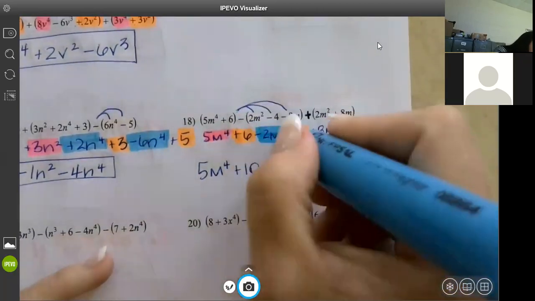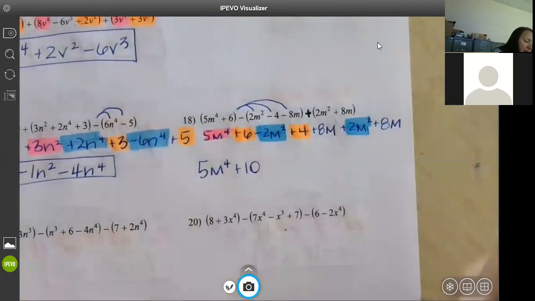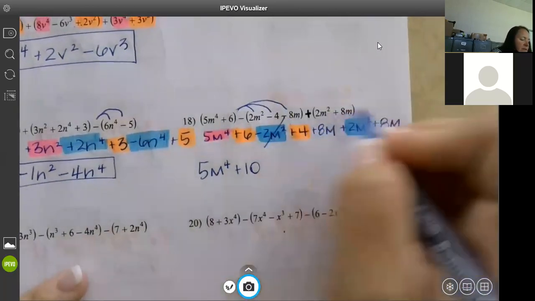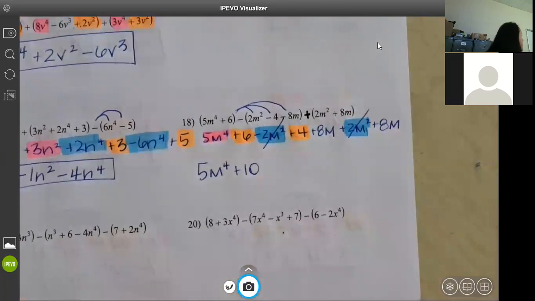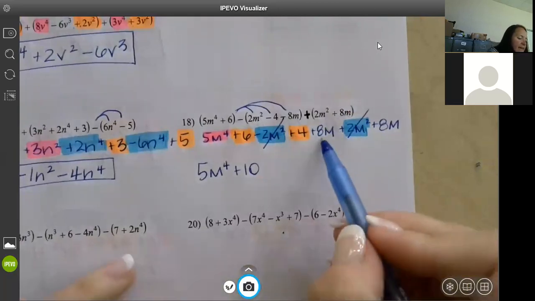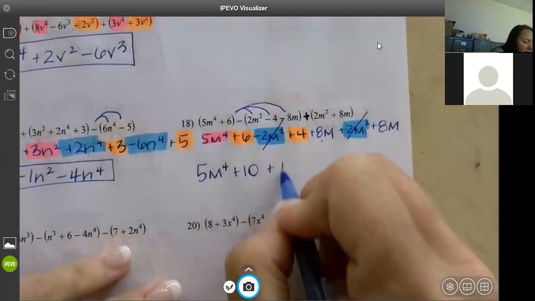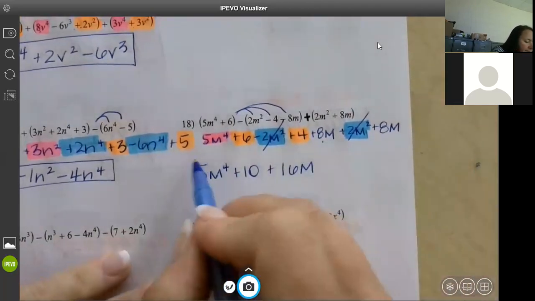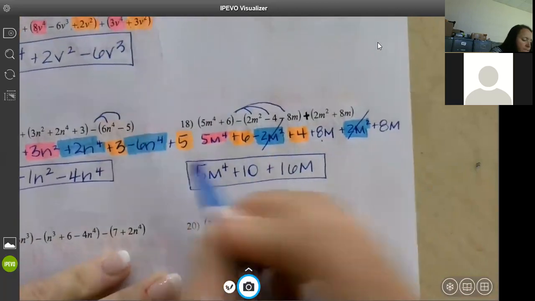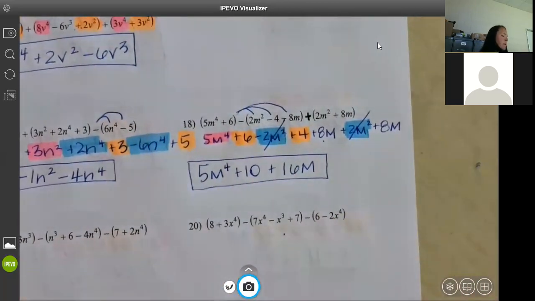We have a negative 2m squared and a positive 2m squared. That makes 0. They cancel each other out, so we don't write that down. And the last thing is 8 plus 8 is 16m. And that's it.